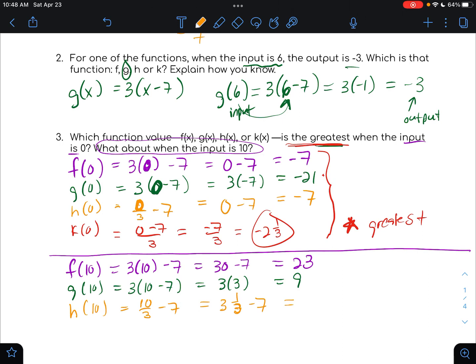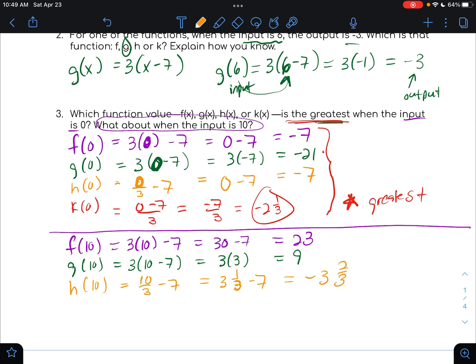If you're doing your fraction subtraction here, going down 3 1/3 would leave us another 3 2/3 on the negative side. So negative 3 2/3. You could also get the decimal there, 3.3 repeating minus 7, you get negative 3.6 repeating. So that challenges your fraction skills a little bit there.